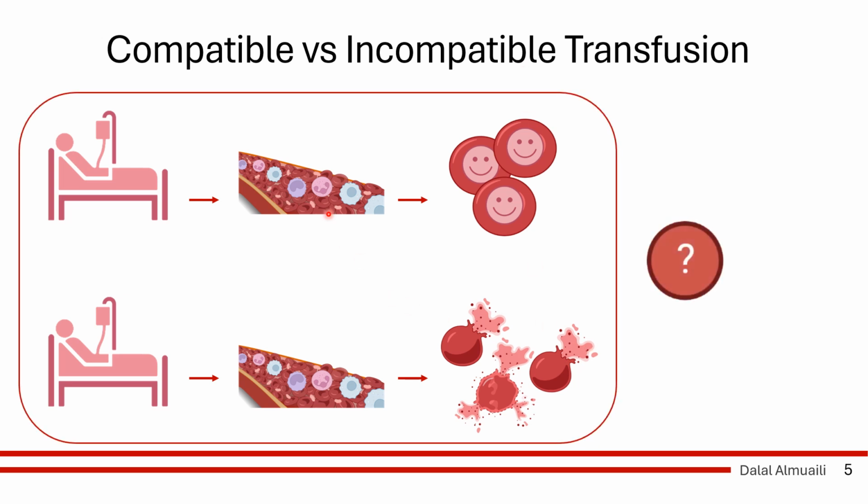So what makes the immune system decide to tolerate and what makes the immune system decide to eliminate? 2 things: the antigens and the antibodies. And that refers to the antigens in both the recipient and the donor, and the antibodies in both the recipient and the donor.